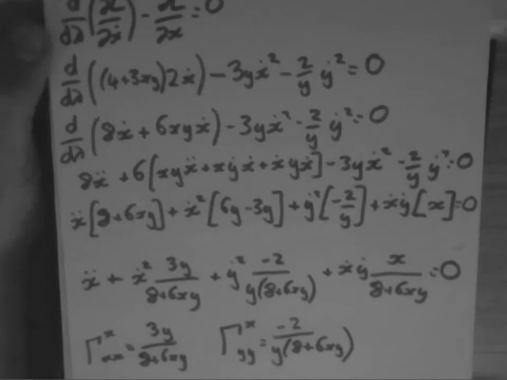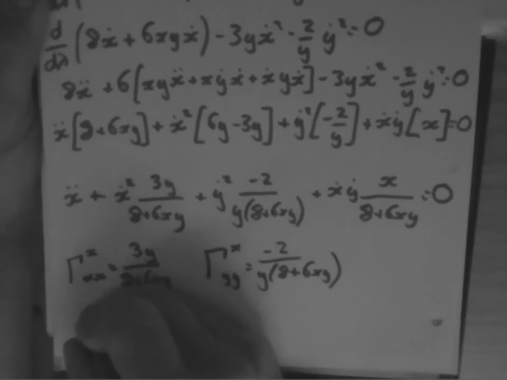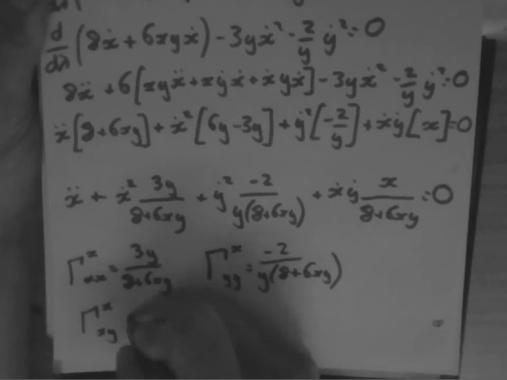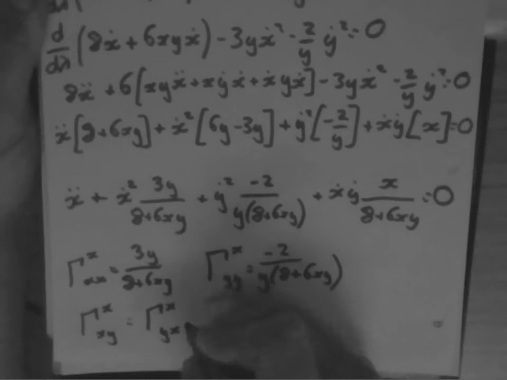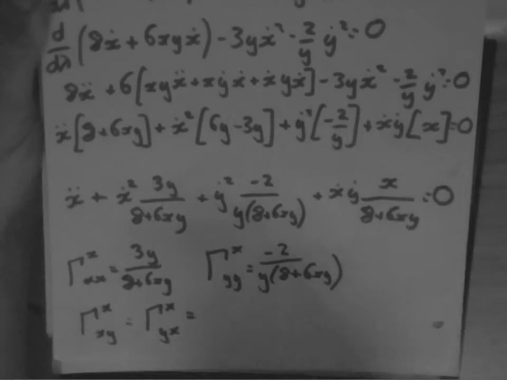And the final one, let me just slide this up a little bit, is going to be our, we know that gamma x xy is the same as gamma x yx. And that's going to be this coefficient here. There's only one of those terms, so we're going to divide it in two to share it between each of these.